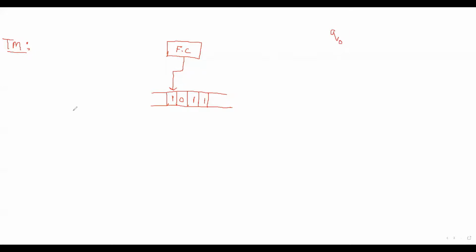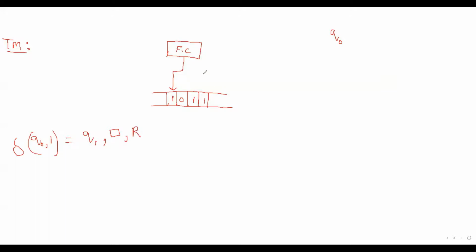Now it is reading 1. So Q0 on reading 1, I have to see what will be the transition on Q0 and 1. So let's say on Q0, it moves to Q1 if it sees 1. And then it rewrites a new symbol. Let's say it is rewriting a blank symbol. And then it will move in the right direction.